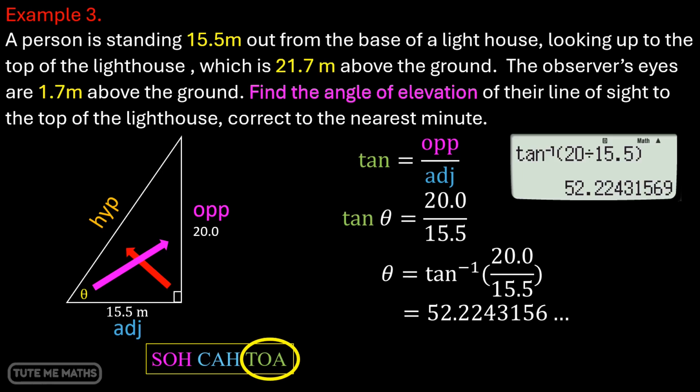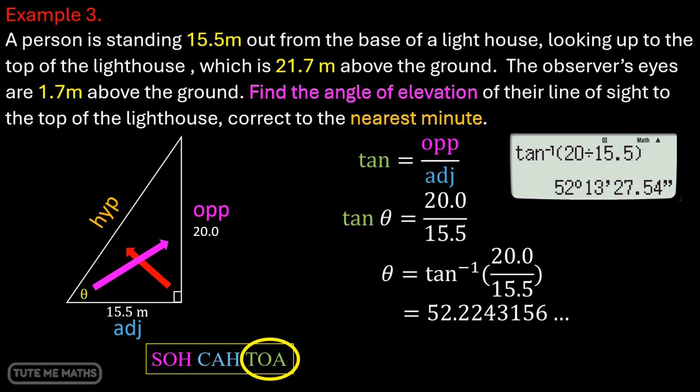Rounding to one decimal place would give us an angle of 52.2 degrees or 52 degrees to the nearest degree, which would usually be sufficiently accurate in a question like this. However, the question has specifically asked for an answer to the nearest minute. Pressing the degrees, minutes, seconds button again will change our answer into degrees, minutes and seconds.